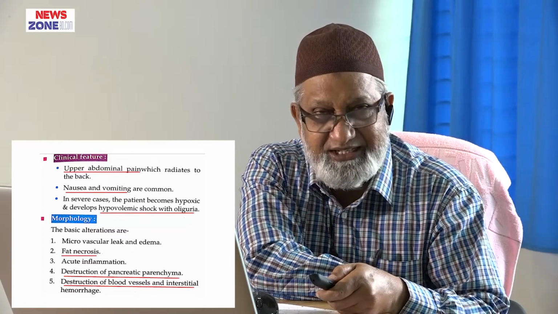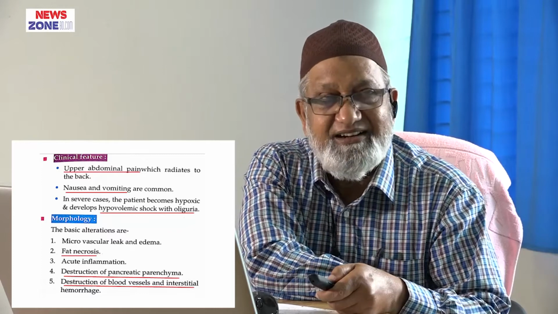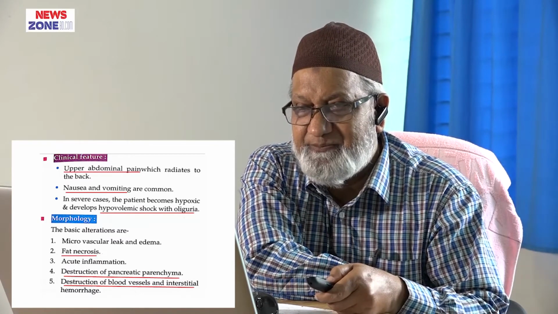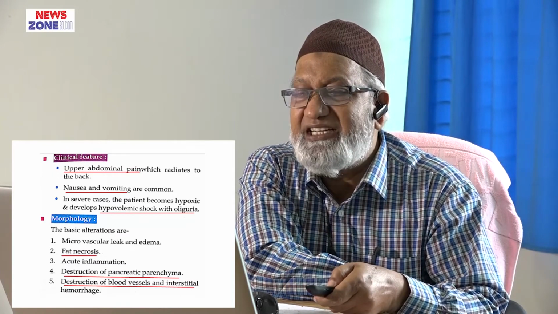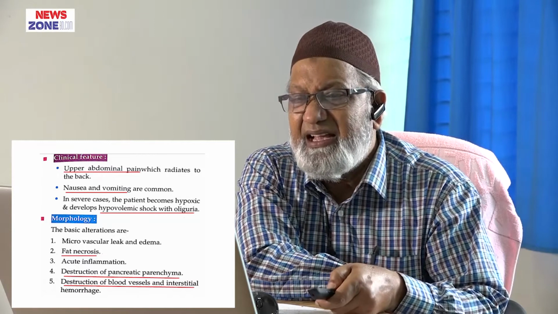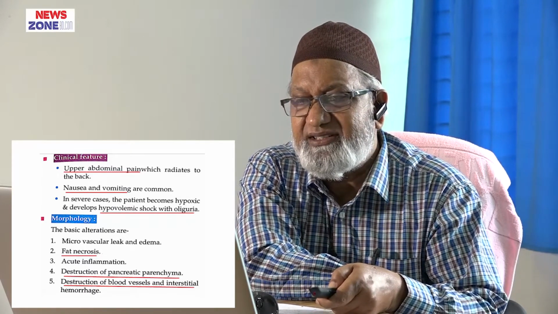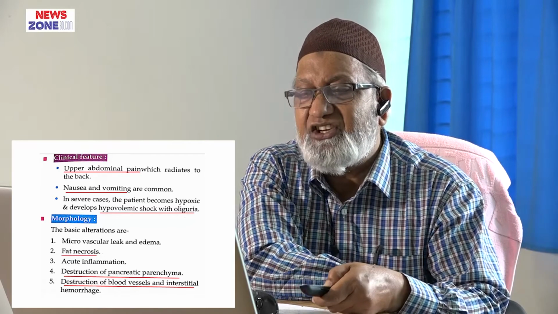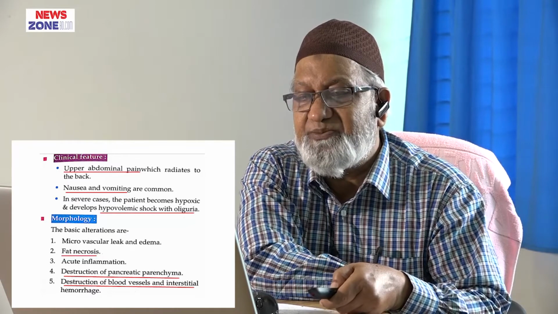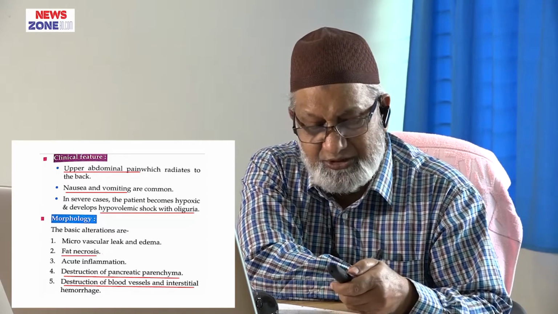So, if we draw the conclusions, what are the basic morphological changes in the pancreas? Microvascular leakage and edema, acute inflammation, fat necrosis, destruction of pancreatic parenchyma, destruction of blood vessels and interstitial hemorrhage.